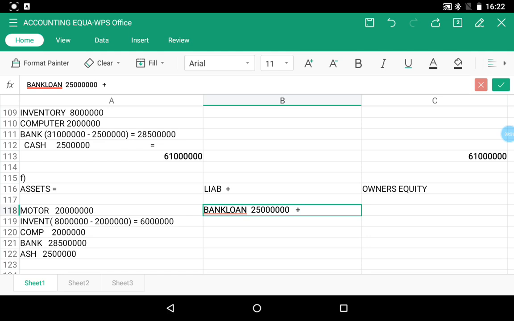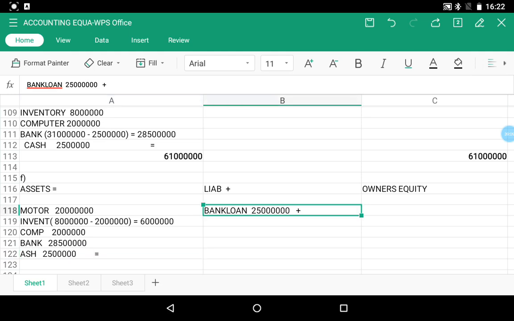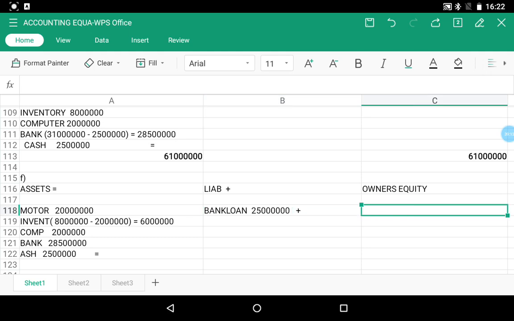Remember, assets is equal to 25 million plus owner's equity. We still have our capital worth 36 million.